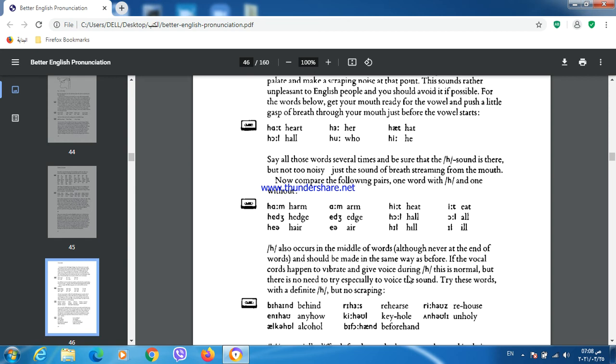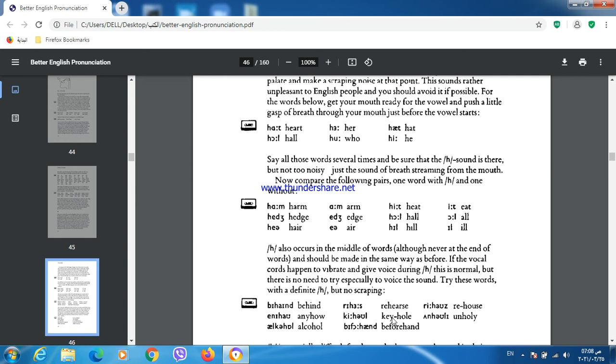Now if the vocal cords happen to vibrate and give voice during h, this is normal. If the vocal cords vibrate while you produce h, that is a natural matter. But there is no need to try specially to voice the sound; leave it as it is.